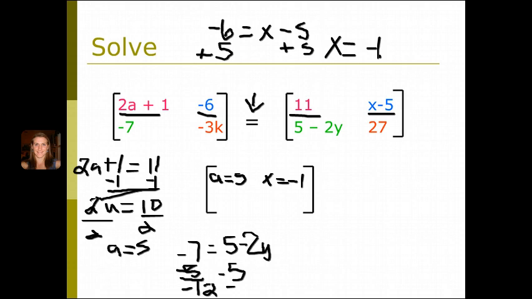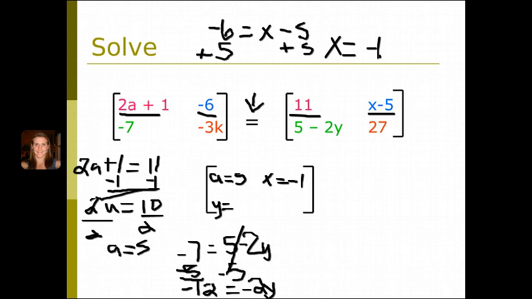And that's a -2y because we have to keep the sign that's in front of the term. And then -12 divided by -2 gives us a +6. So we would have y equals 6 in our bottom left.